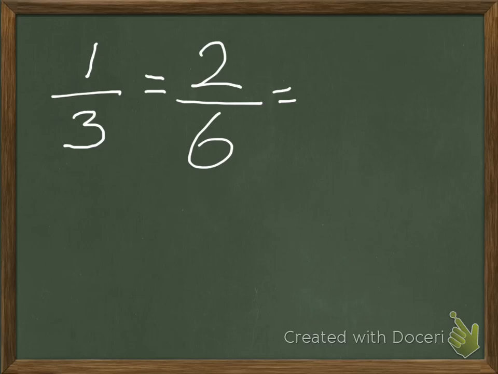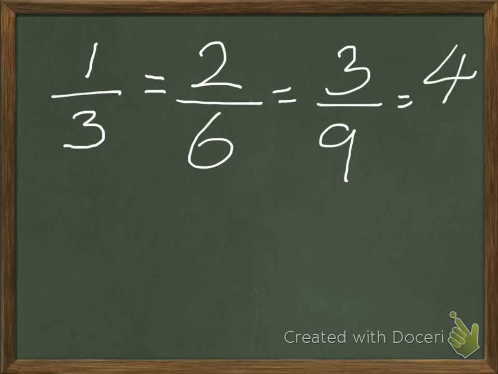So we'll go for 2/6, we'll go for 3/9, and finally we'll go for 4/12. So the question is, what have I done to make these fractions equivalent fractions?